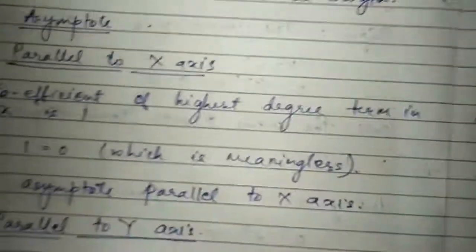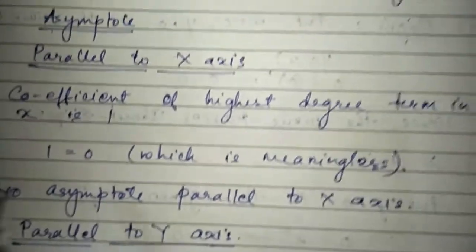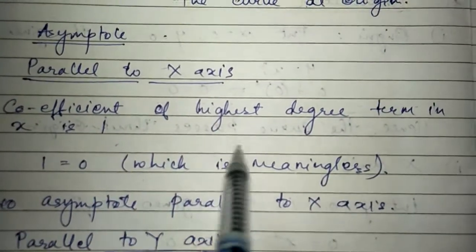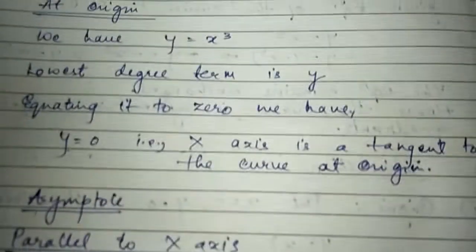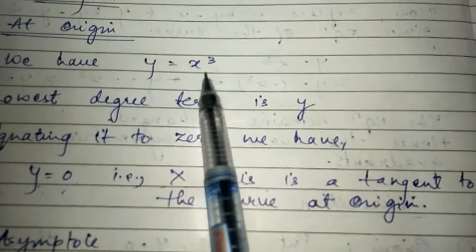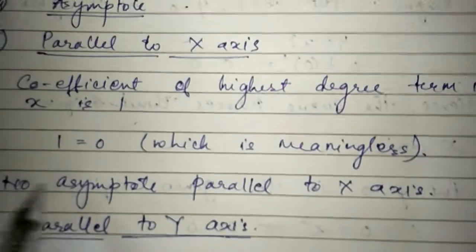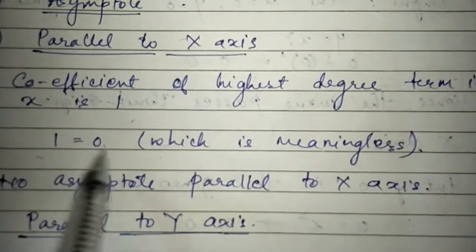Then comes the asymptote. First, parallel to the x-axis. Now the coefficient of the highest degree term in x. The equation is y is equal to x cube. So the coefficient of the highest degree term in x is 1. Equating 1 to 0 doesn't make any meaning.